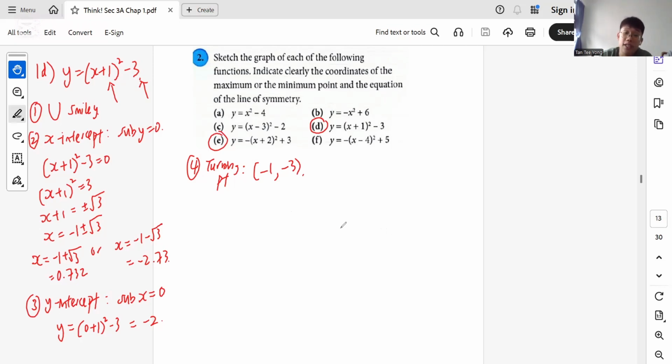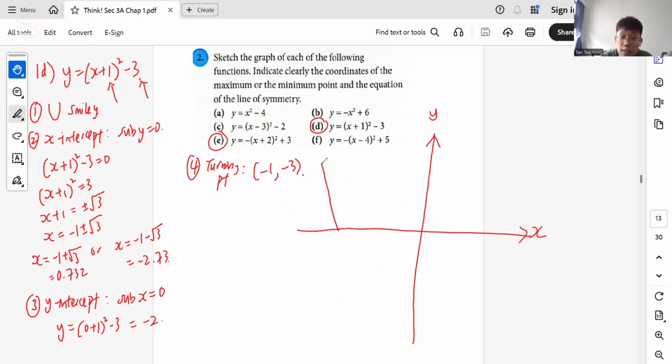So now we can sketch already. Draw the axes. Smiley face, and your x-intercepts are at the positive and the negative, your y-intercept is at the negative, and your turning point is -1, -3. So it's going to look like this. This is -2.73, or if you want to write -1 minus square root 3, it's fine.